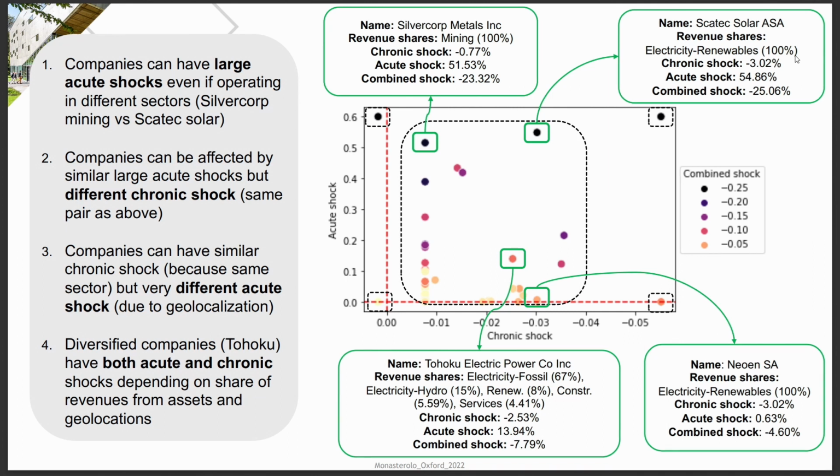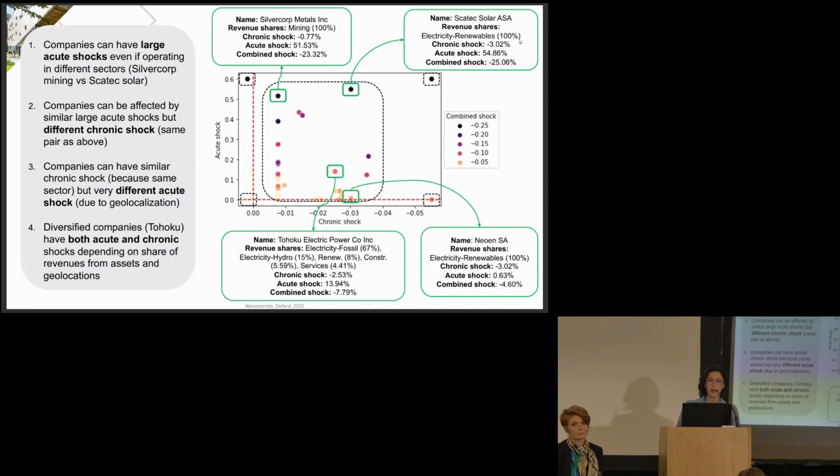Second message is that companies can be affected by similar large acute shocks, but can have very different chronic shocks. Both examples we did so far could apply here, because Silvercorp Metals has a very low chronic shock, but Scatec Solar has a larger shock. Companies also can have similar chronic shock because they belong to the same sector, but very different acute shock, and this is due mostly to the geolocalization of the productive plant.